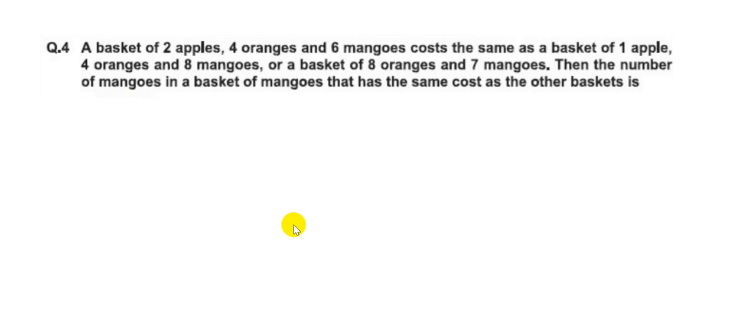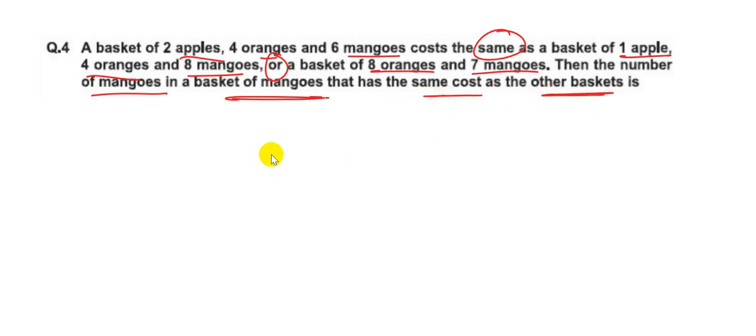We come to question number 4, which says a basket of 2 apples, 4 oranges, 6 mangoes costs the same as a basket of 1 apple, 4 oranges, 8 mangoes, or a basket of 8 oranges and 7 mangoes. Then the number of mangoes in a basket of mangoes only that has the same cost as the other baskets is what?